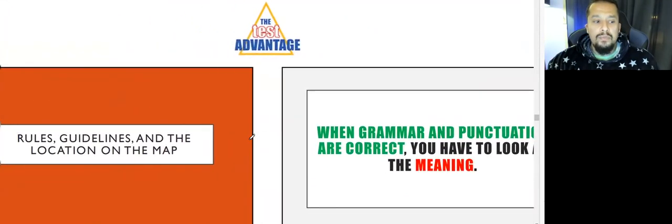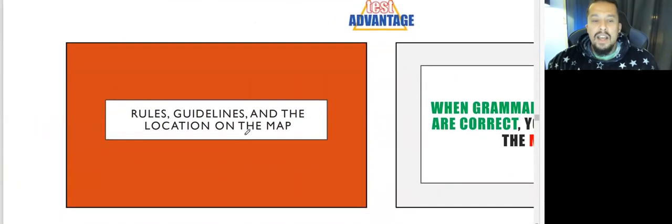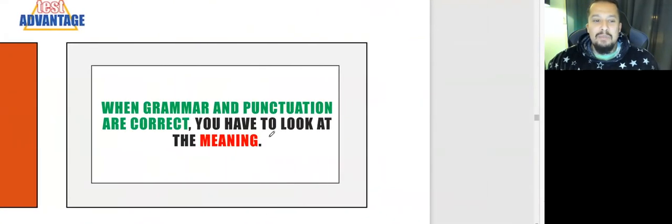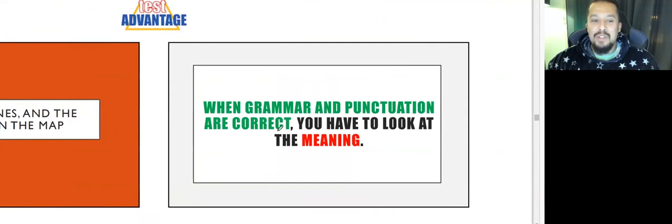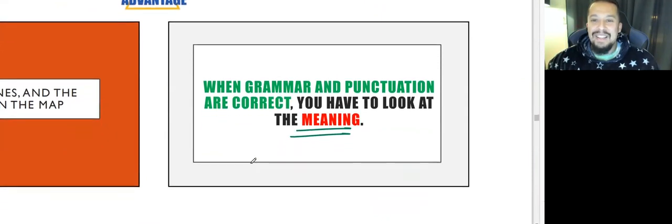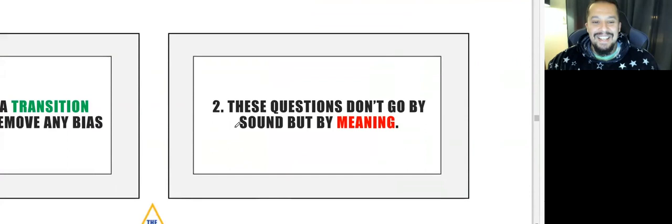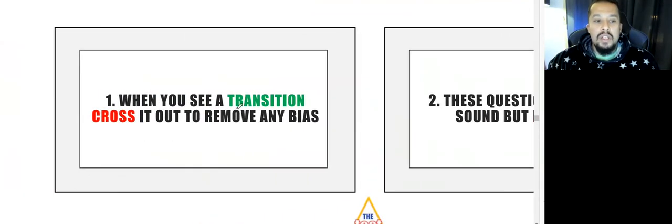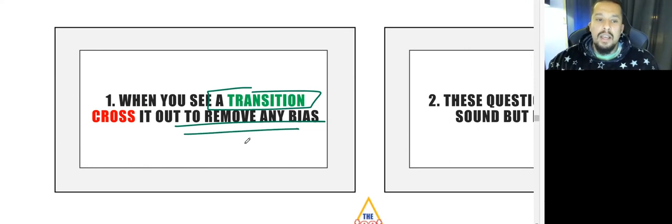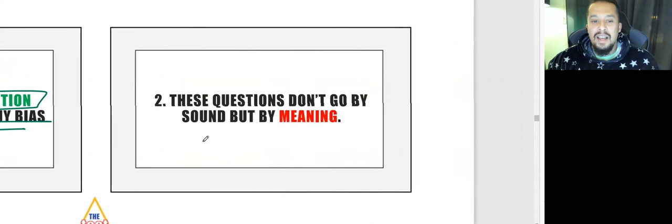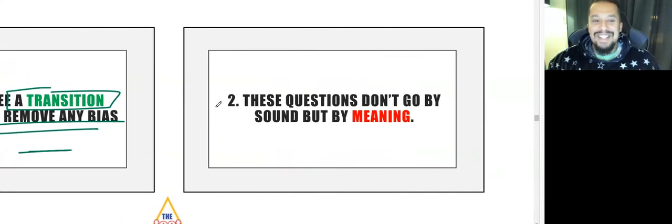So here, rules, guidelines, and the location on the map. So this item won't be for you guys. When grammar and punctuation are correct, look at the meaning. When you see a transition, cross out and remove any bias. Again, when you have the sentence, it'll be a blank. Number 2, they don't go by sound, they go by meaning.